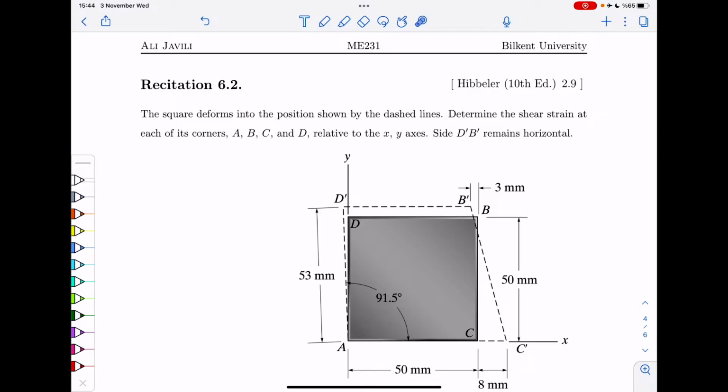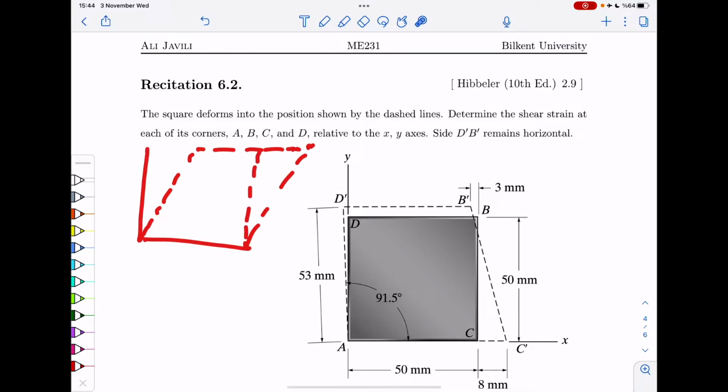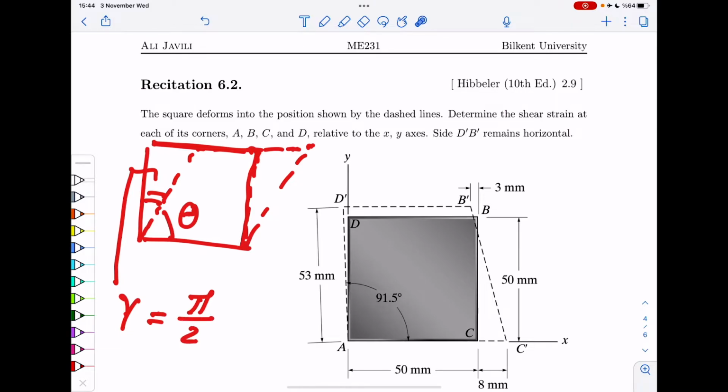You remember, if we had, let's say, a sharp corner, or if you think of a 90-degree angle, and then you have a deformation which changes that square into this parallelogram, then this angle here, we call this shear strain. So if this angle was theta, then we define that as pi over 2 minus theta.